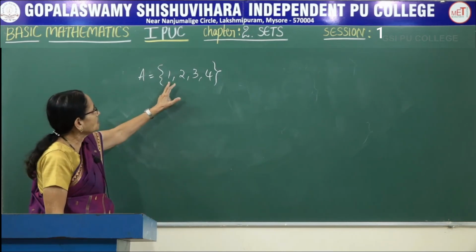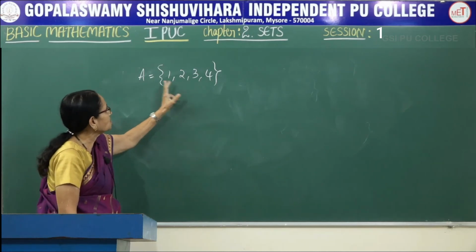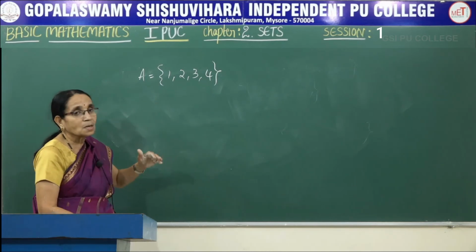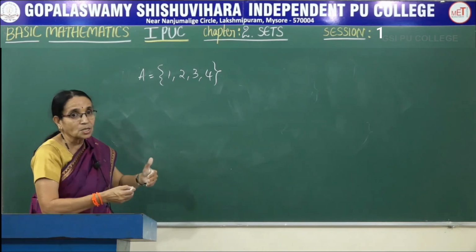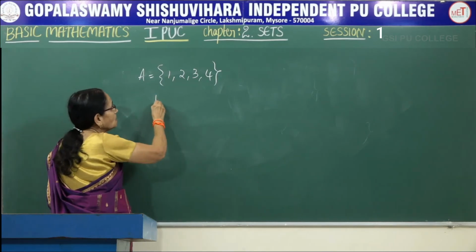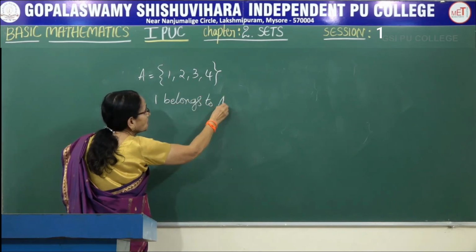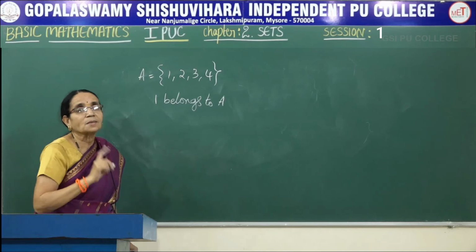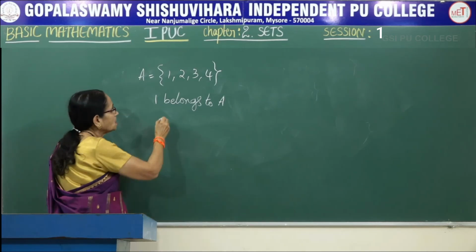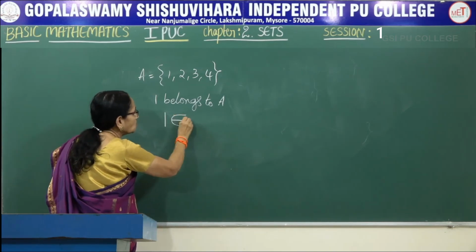Look here, 1 is in the set A, 2 is in the set A, 3 is in the set A, 4 is in the set A. Now this we say, but we have to use a notation to express this one. For each one we need a tiny sentence. Mathematically we use the word 1 belongs to A. We don't say 1 is in the set A. We use the word 1 belongs to A, and this is the notation we have to use.